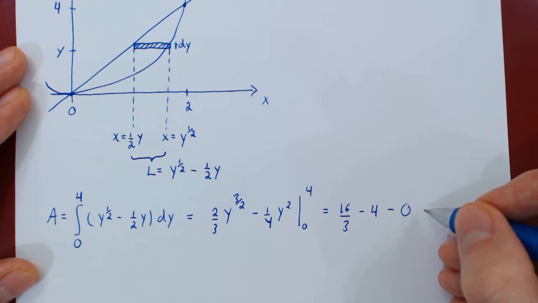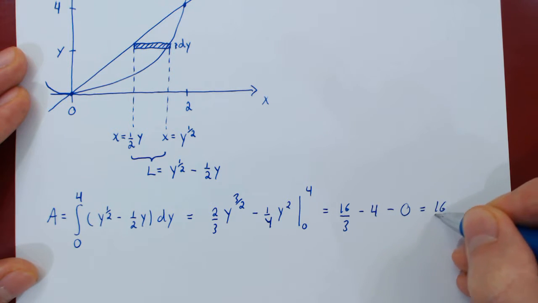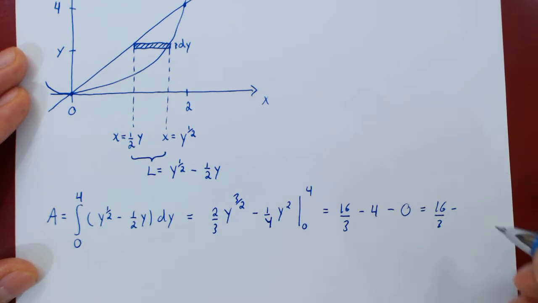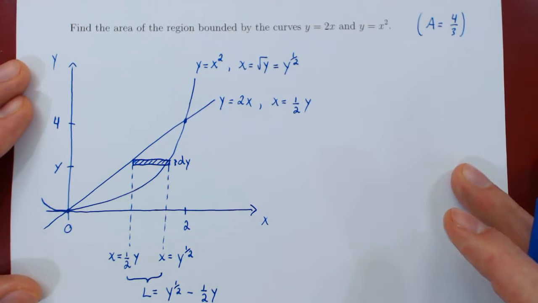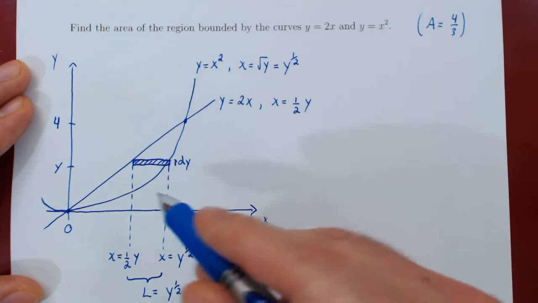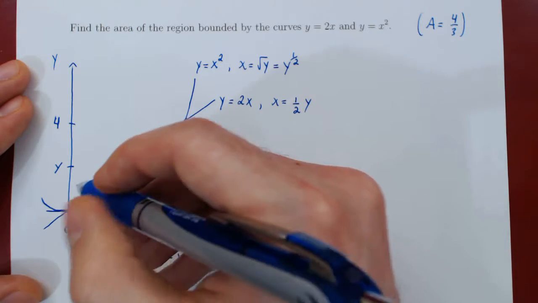Putting everything over 3, 4 is 12 over 3, and 16 minus 12 is 4 over 3, just as before. The exact area of this region is 4 over 3.